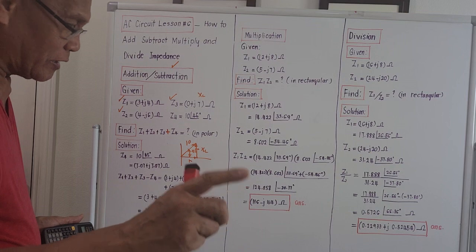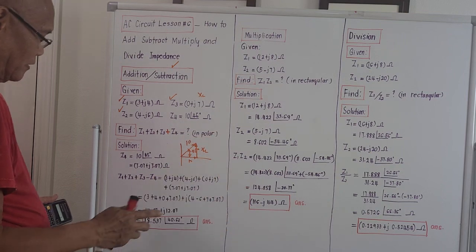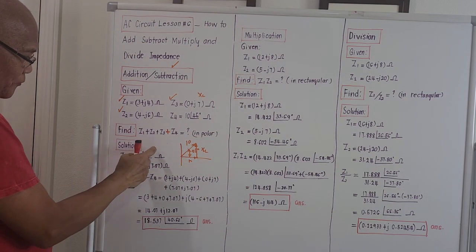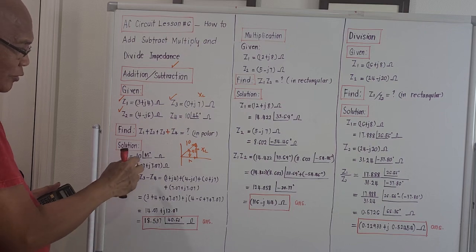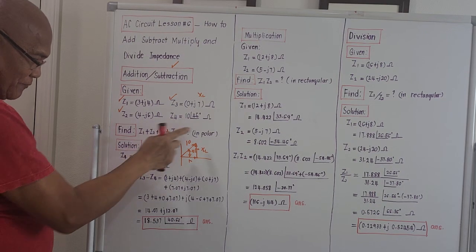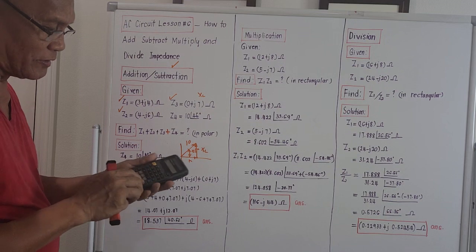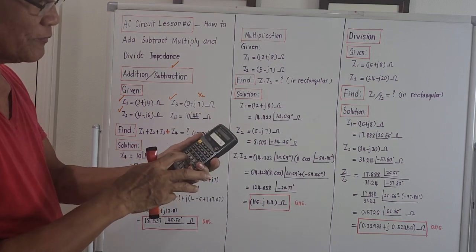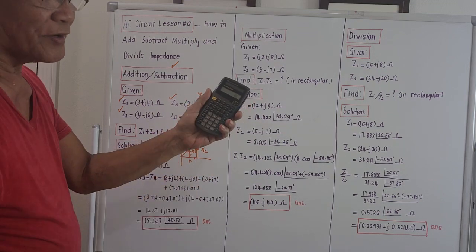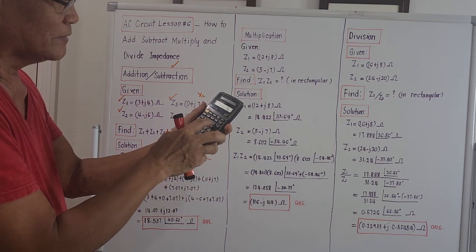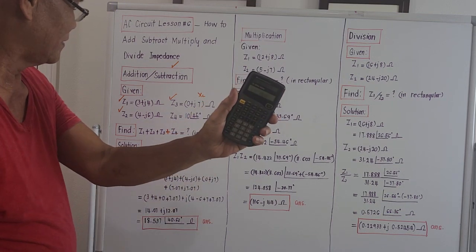If you are on the board exams and you try to convert 10 angle 45 degrees, you don't have to write 10 cosine 45 anymore. It is just automatic. You just place 45 over here, in degrees, and take the cosine.